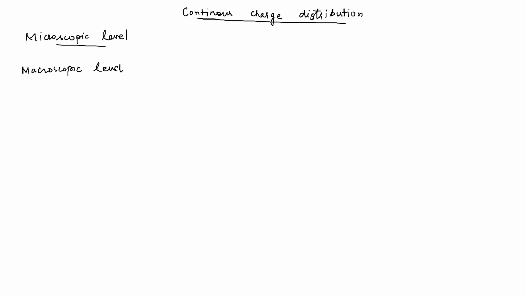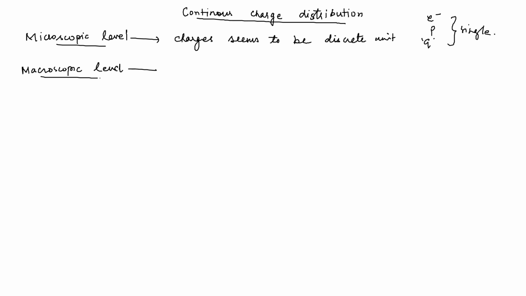At the microscopic level, charges seem to be discrete units. Here we can define a single electron, a single proton, a single charge, everything single-handedly. But when we aim at the macroscopic level, charges seem to be continuous.